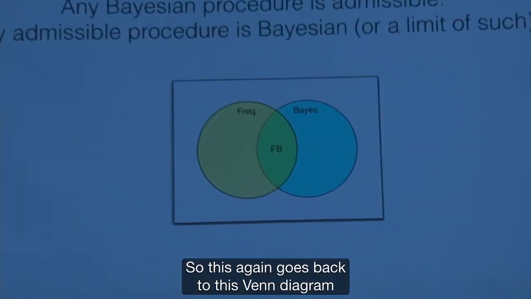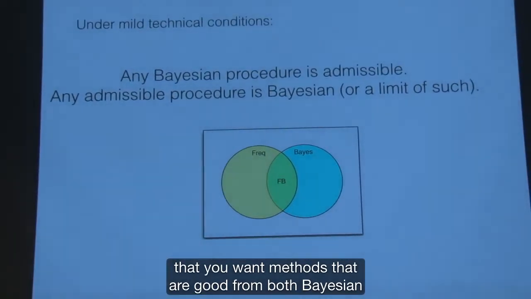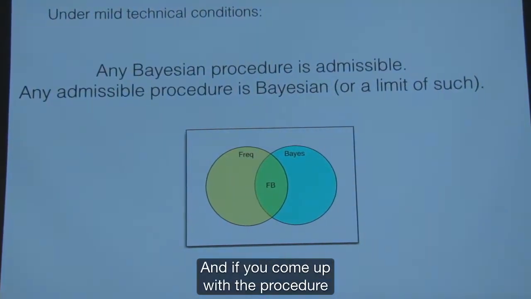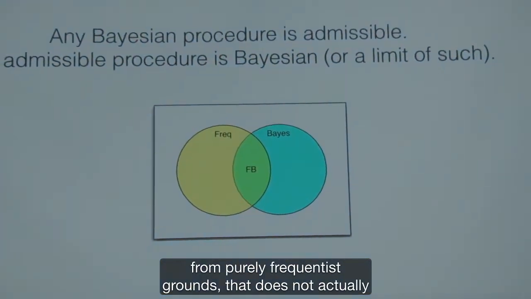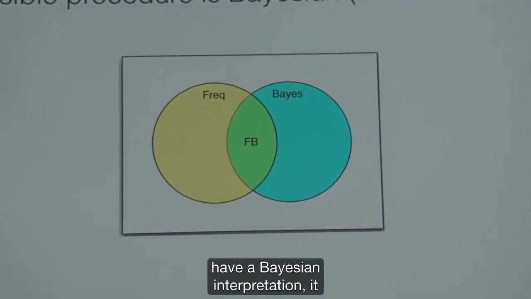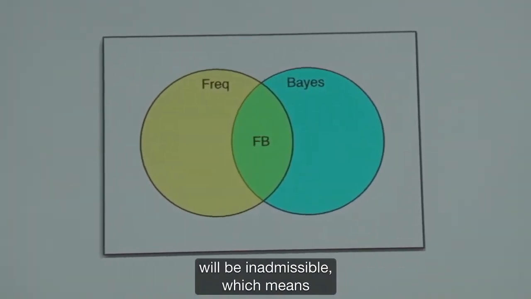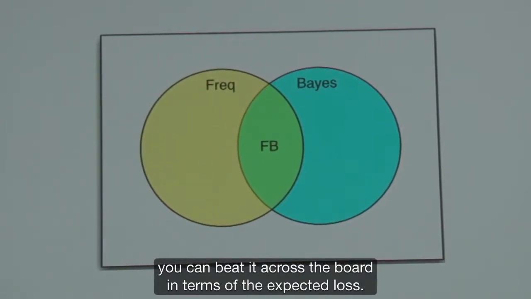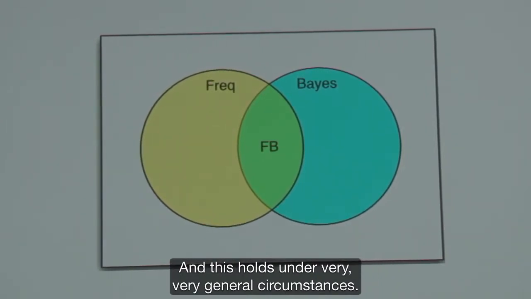So this again goes back to this Venn diagram: you want methods that are good from both Bayesian and frequentist standpoints. And if you come up with a procedure from purely frequentist grounds that does not actually have a Bayesian interpretation, it will be inadmissible, which means you can beat it across the board in terms of the expected loss. And this holds under very, very general circumstances.